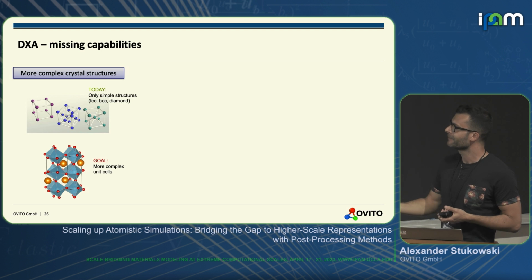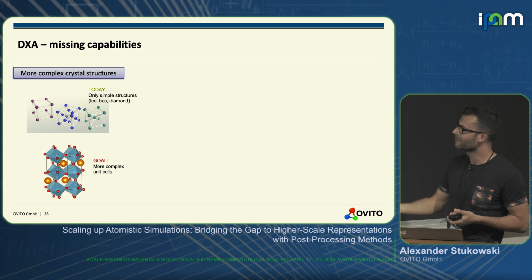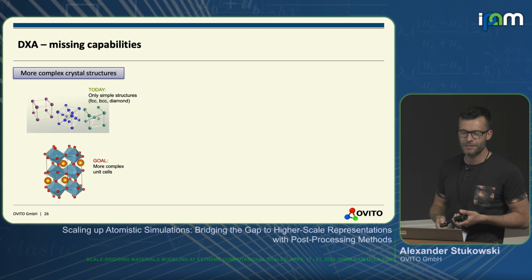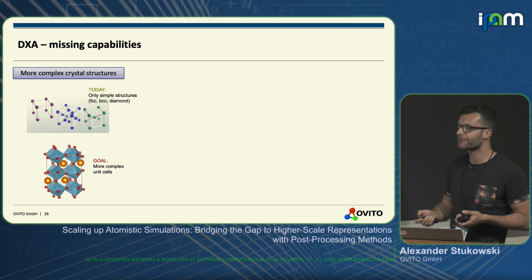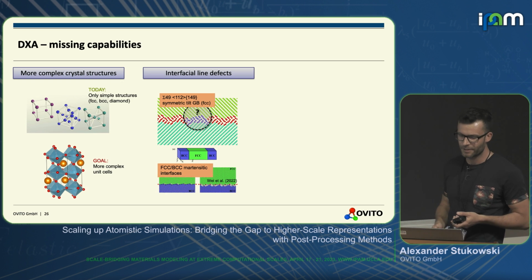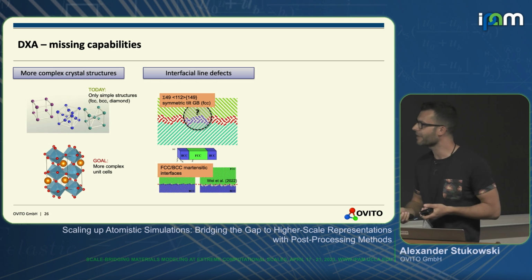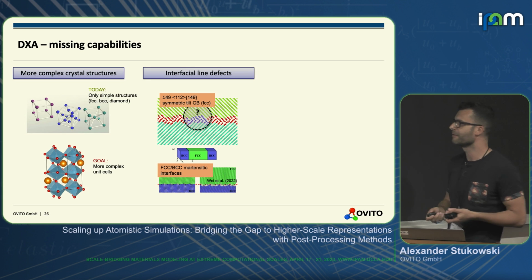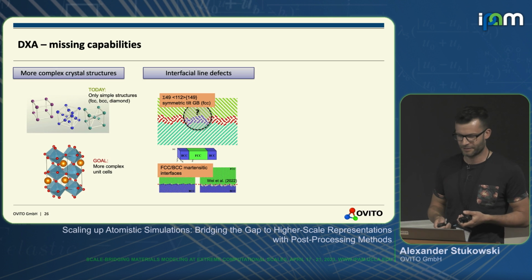One is the application of DXA to more complex crystal structures. Right now we are limited to simple BCC and FCC-like structures. So we want to extend that towards more crystal structures, more complex unit cells. Second, interfacial line defects. DXA is made for lattice dislocations, to some extent also grain boundary dislocations, but it cannot deal with more complex interfacial defects yet.